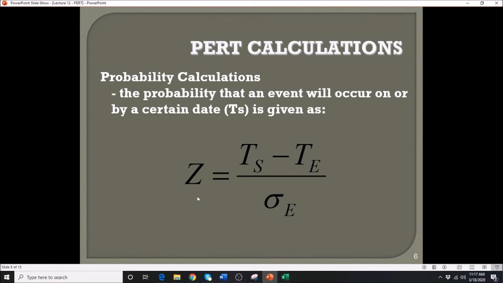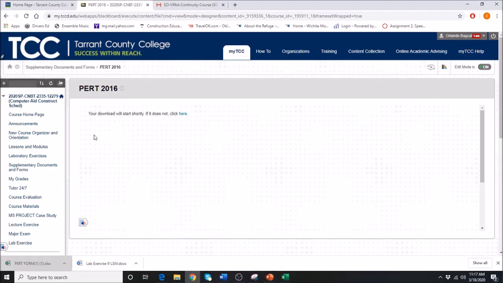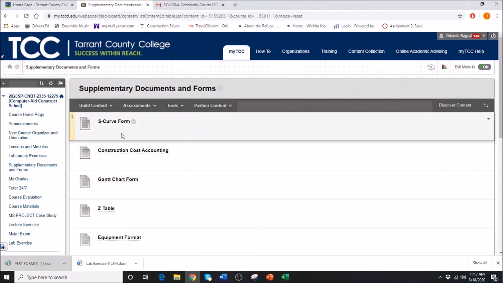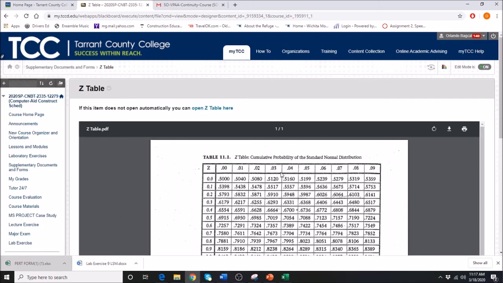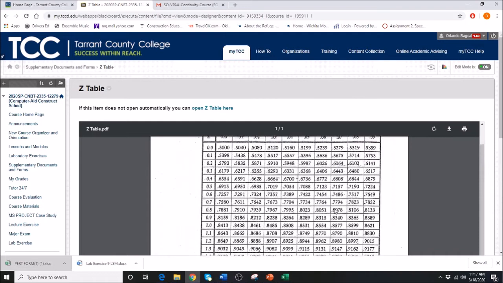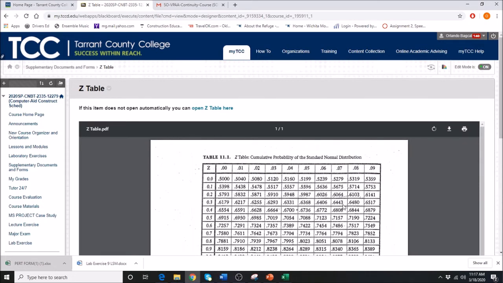The z value is found on the z table, and you need to download that from the supplementary documents here. Make sure that you download it because we will be needing it. This is the z table, and I'm going to explain how to use it as we move on.